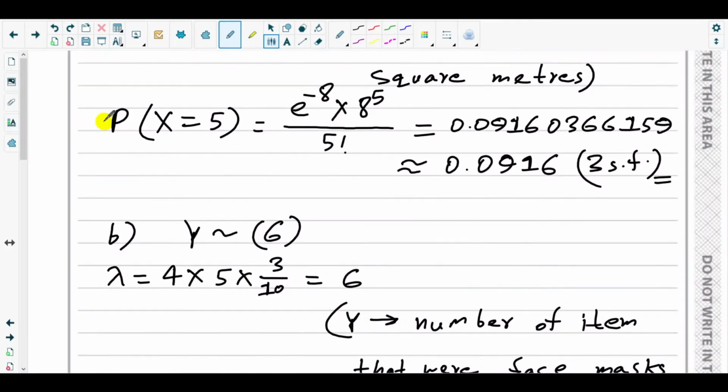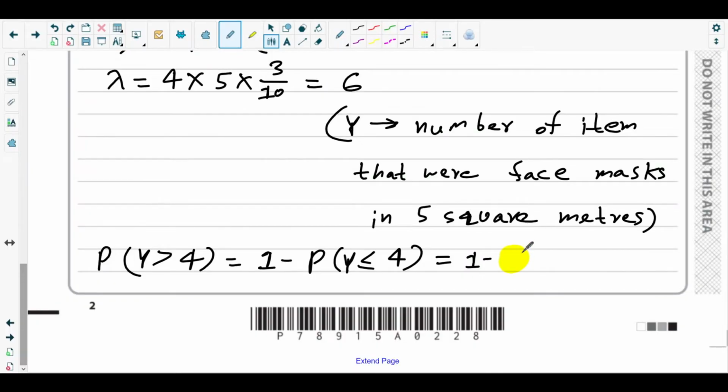So 1 minus 0.2851 gives you 0.7149. You can round to 3 significant figures, that is 0.715.